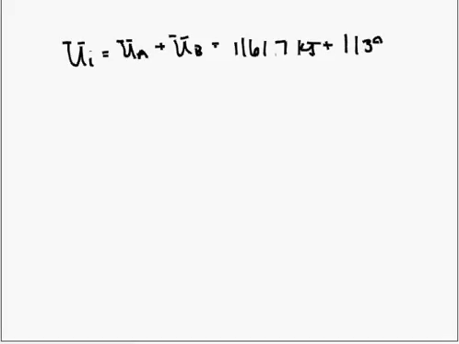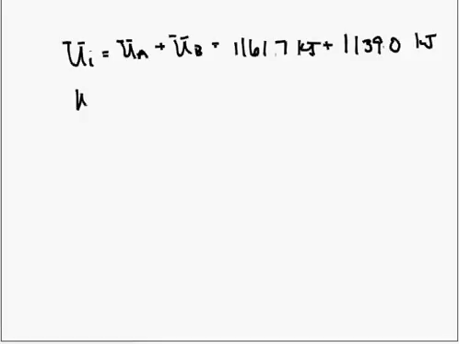Now we have everything to figure out that our initial internal energy of our system, again, is equal to UA plus UB. So that is 1161.7 kilojoules plus, I'm just going to keep the correct sig figs here, 1139.0 kilojoules.